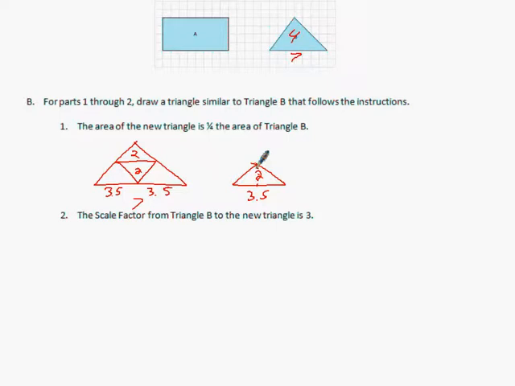Number 2, the scale factor from triangle B to the new triangle is 3. So I need 3 triangles on the bottom, and 3 times as tall.